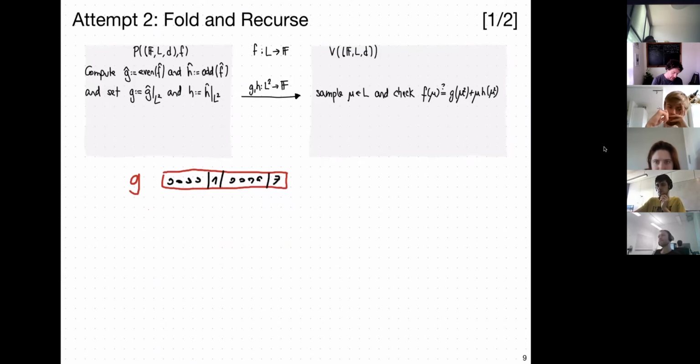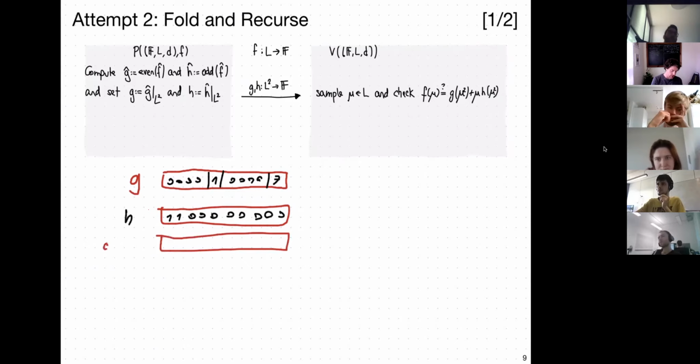And when we have here H, then we'll maybe have here 1, 1, 0, 0, 0, 0, 0, 0, 0, 0, 0. So when we add this, the summation G plus H would just be this: 1, 1, 1, 7.